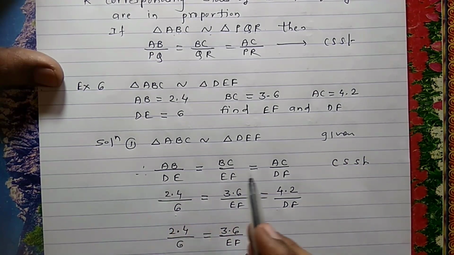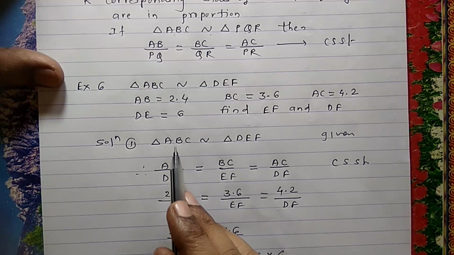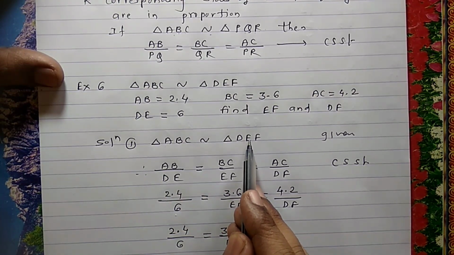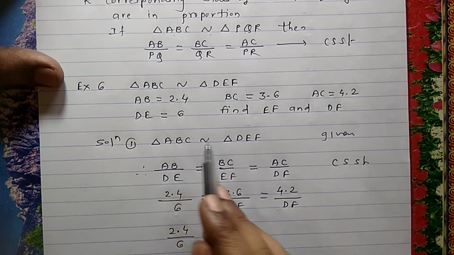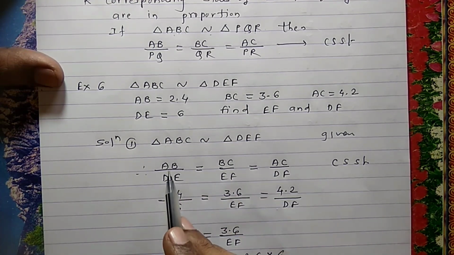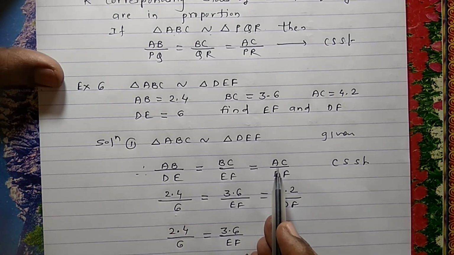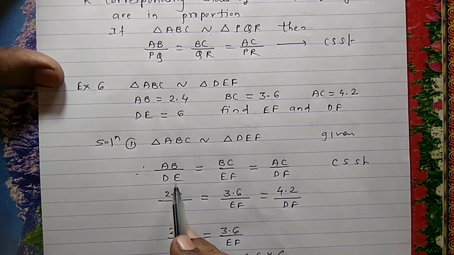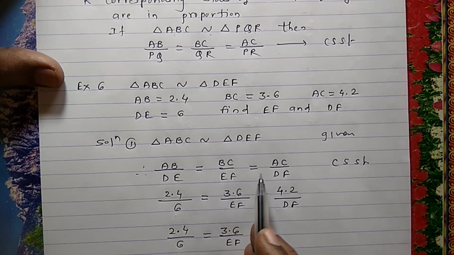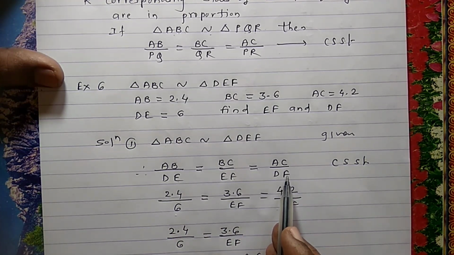So here triangle ABC is similar to triangle DEF, this one is given. So what is the relation between their corresponding sides? AB and DE, they are corresponding sides. BC corresponding side is EF, AC corresponding side is DF. So all these three sides are in proportion. It means their ratios are equal. AB upon DE is equal to BC upon EF is equal to AC upon DF.